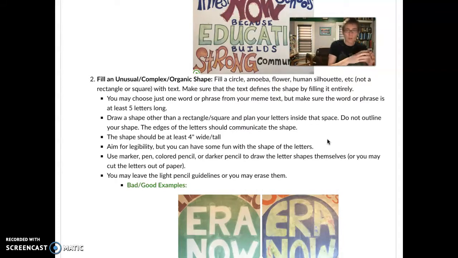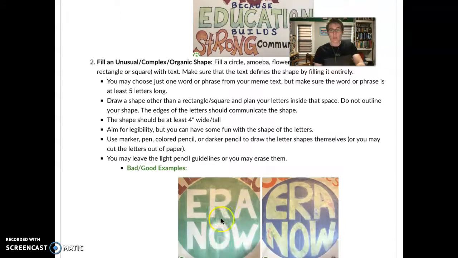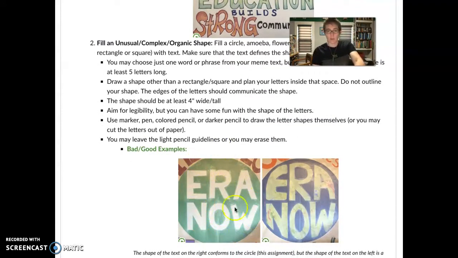If you're doing a shape that gets larger on one side than the other, make sure that those letters fill in that space. Organic shapes are probably a little bit more difficult because if you did an amoeba, which is a wiggly shape, you would have the A come around and then the M would maybe come around this way. And the idea is that I then want you to erase the outline because I want the shape to be shown with the letters. Now, see how ERA, the green one here, same letters each time, but the white, the letters are a rectangle.